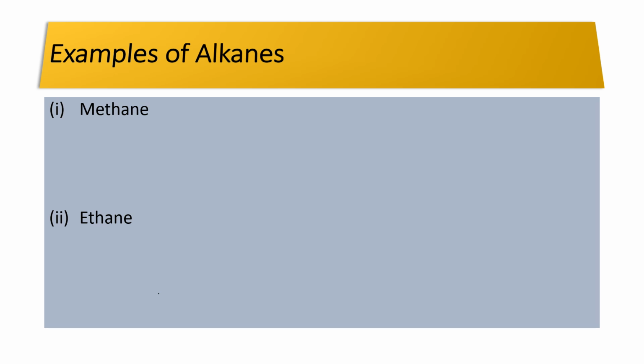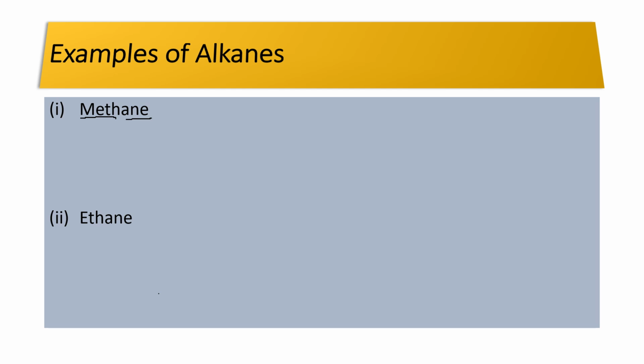Eth has two carbon atoms. Prop, three carbon atoms. So when you get meth plus ane, that's why we get the name methane.